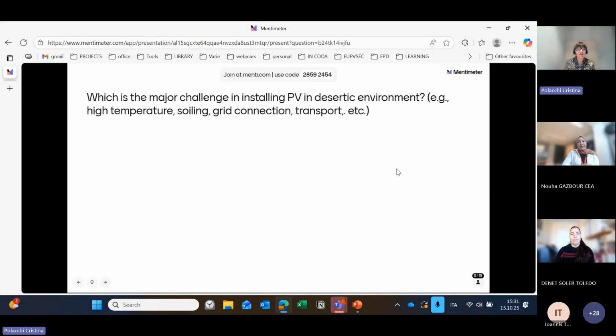And this question is more related to the next presentation, dedicated to the case study of PV in the desertic environment. According to your opinion, what is the major challenge in installing PV in a desertic environment? It can be a problem related to temperature, to transport of the material, or others.